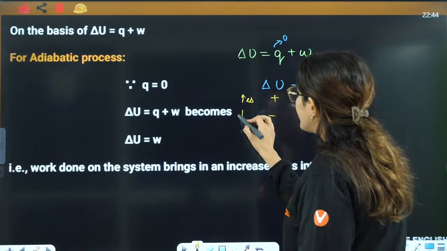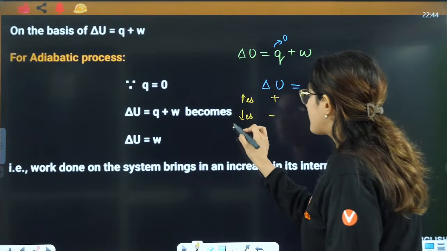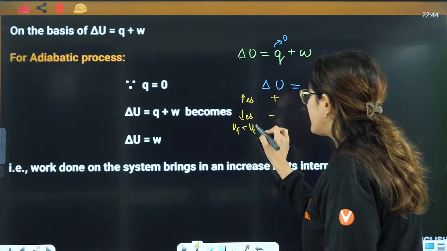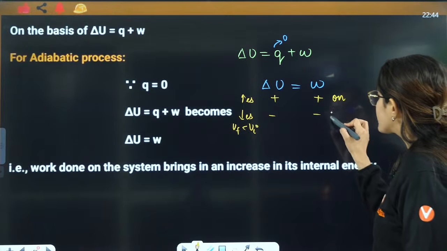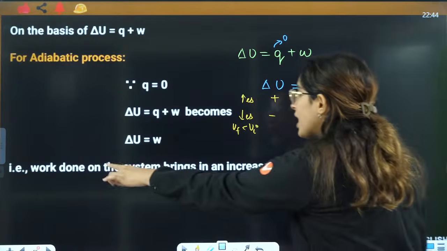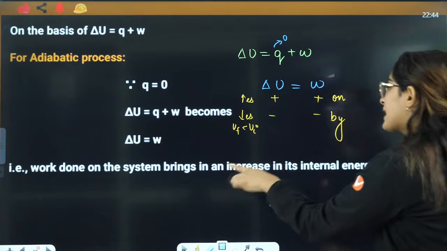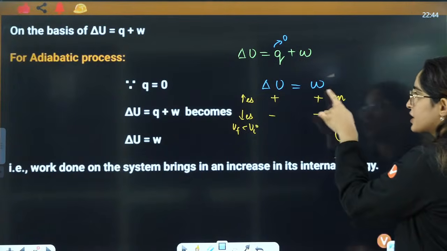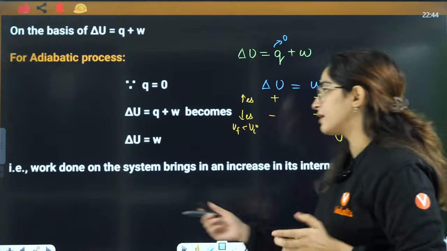If internal energy decreases, that means U final is less than U initial. In that case, work is done by the system. So simply, work done on the system brings an increase in internal energy.